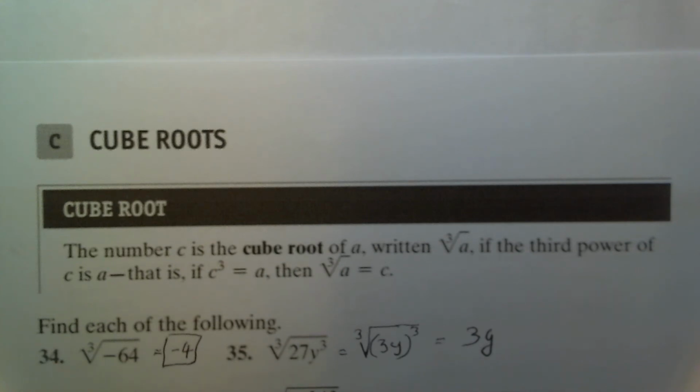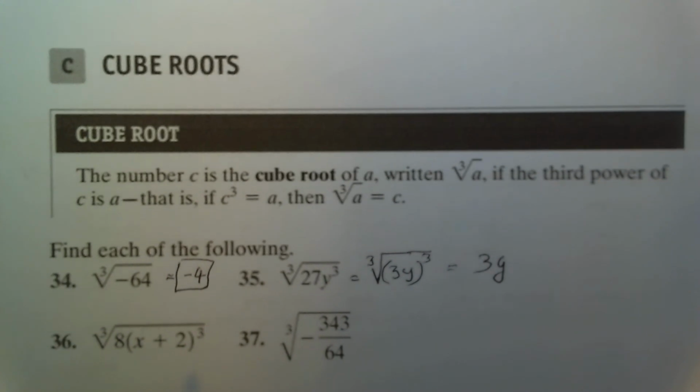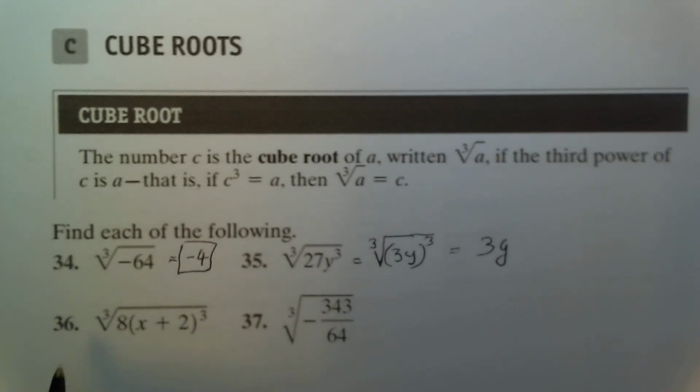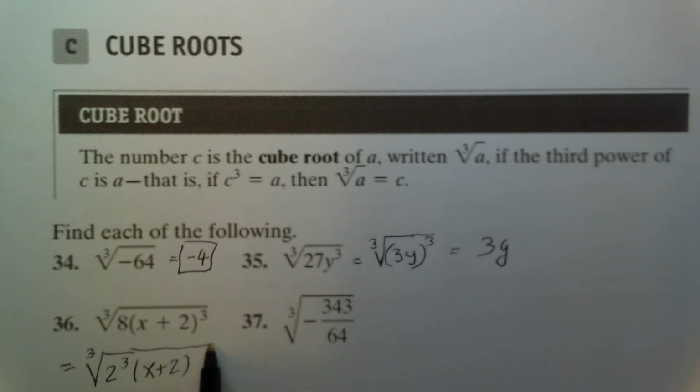And in number 36, we can rewrite that as the third root of (2 to the third) times (x plus 2) to the third. So that would be equal to 2 times (x plus 2).